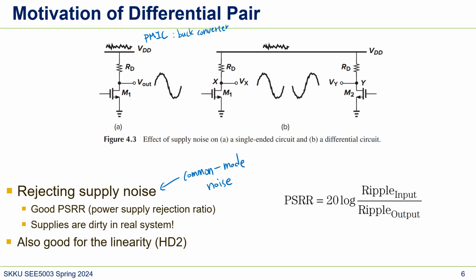A buck converter is switching power, so it generates, let's say, 1.2 volts, or maybe an LDO. An LDO is a cleaner version of the power generating source, but anyway, this power is generated by some PMIC, and they are noisy.